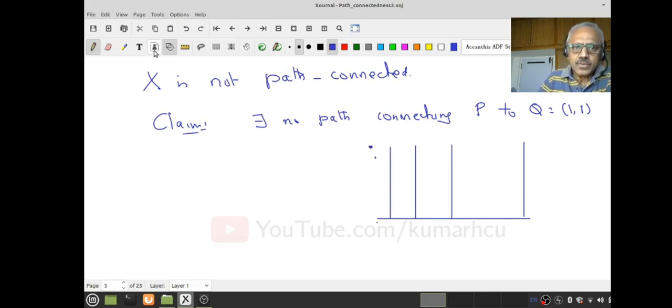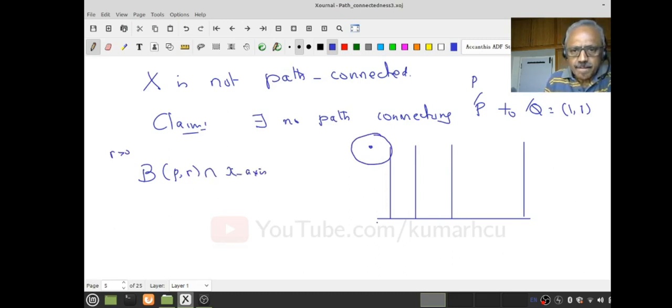Now let us look at a small p, small p and small q, so that it will be easier for me to write. Suppose r is positive and B(q, r) does not intersect the x-axis. Look at the picture. So there will be a lot more things.